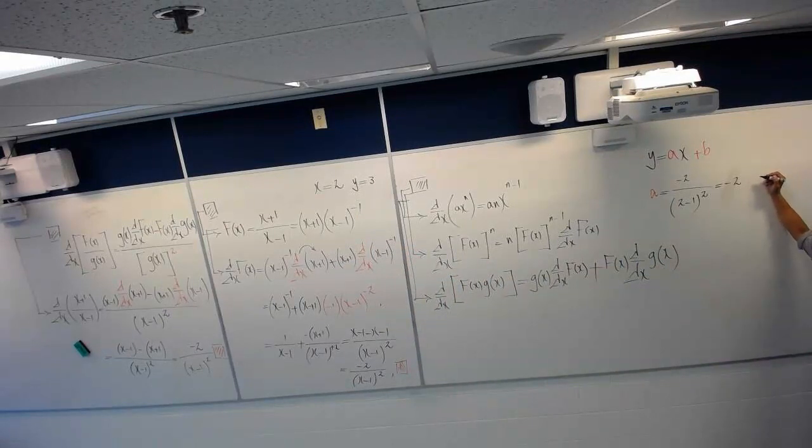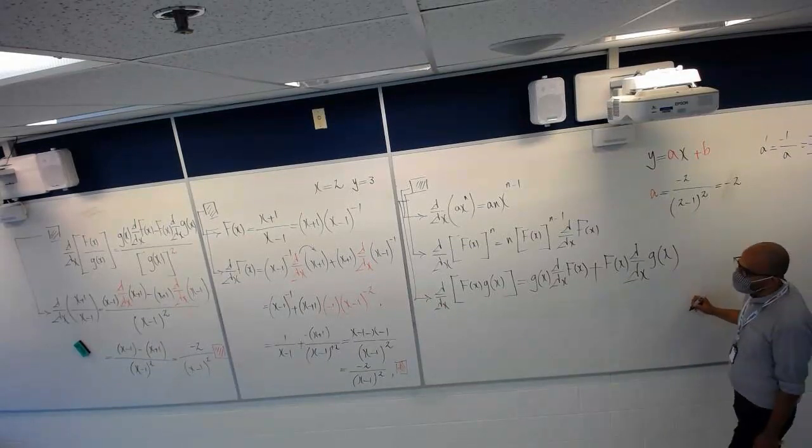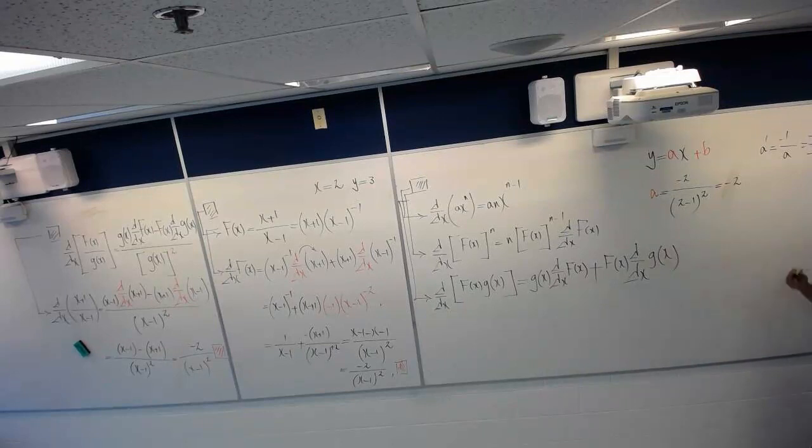That's right, because the normal, if I call that a prime, is minus 1 over a, which is minus 1 over minus 2, which is 1 over 2. That's right. If I can show that 1 over 2 equals 2, they have to give me a prize in math.